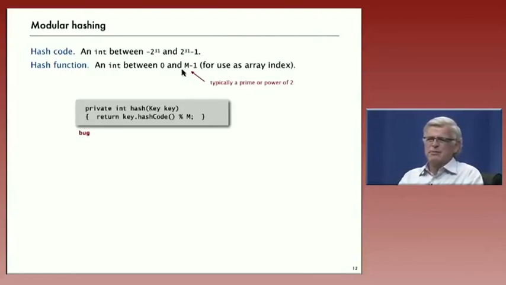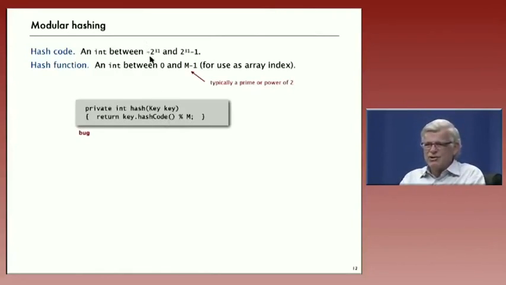The value of m is maybe a power of 2, or sometimes we pick a prime because of the way that we normally would get the big hash code value down to be a number between 0 and m minus 1 is to just do mod m. And if m is a prime, then from math, modular arithmetic, we know that we're using all the bits in the number at that point too.